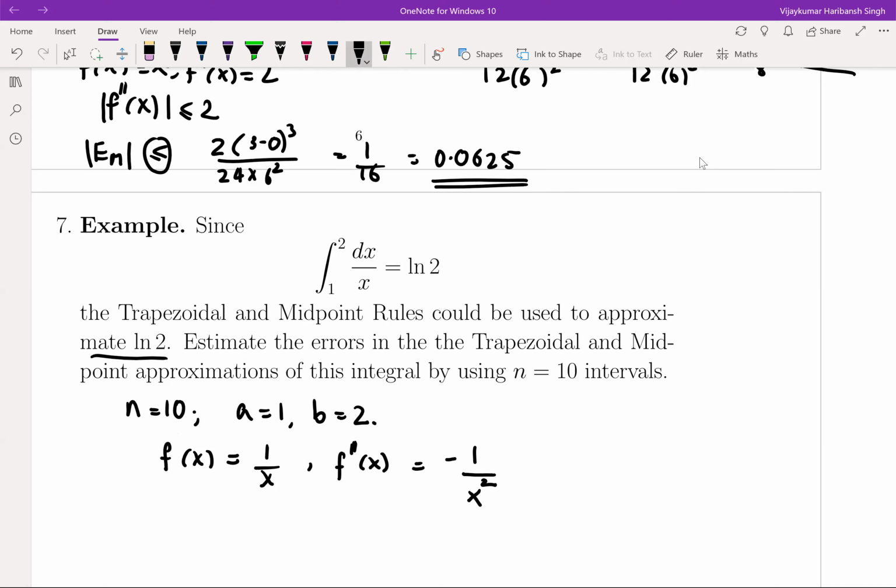So f prime x is minus 1 by x squared and f double prime x is 2 by x cubed. Okay, so this is your f double prime x.